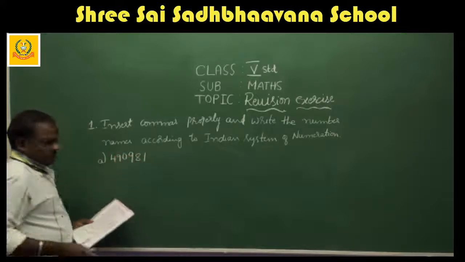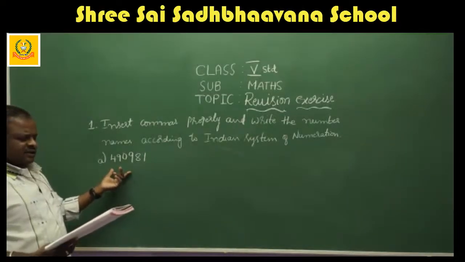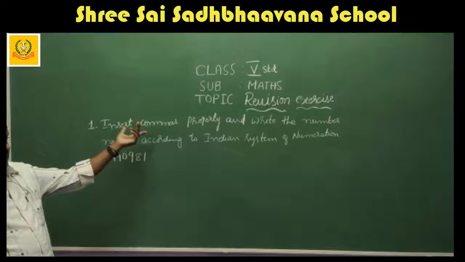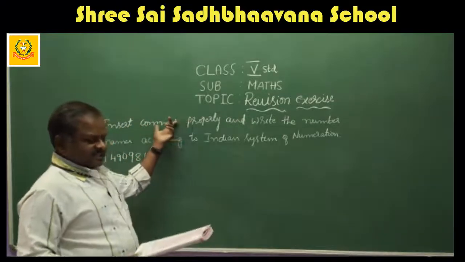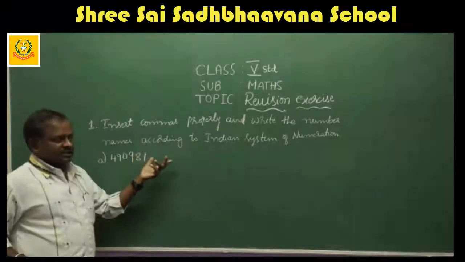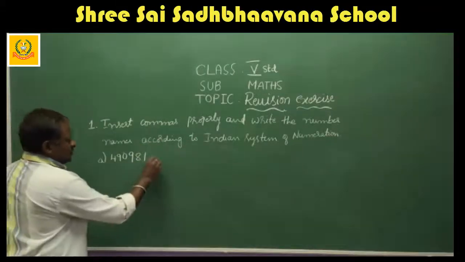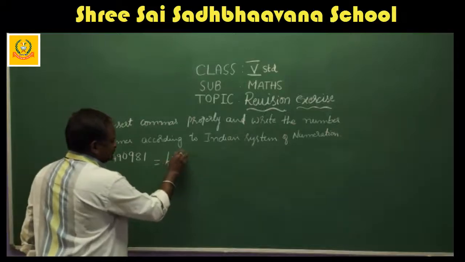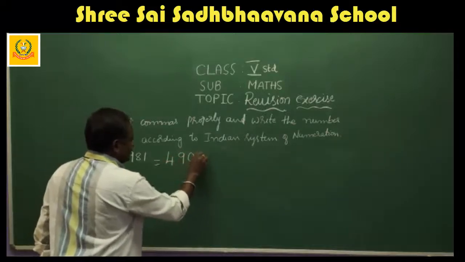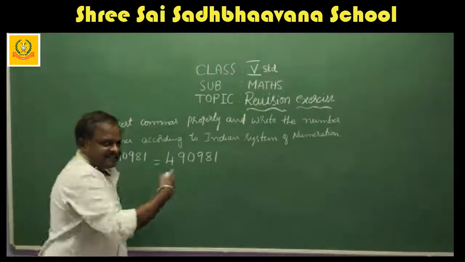490981. So what you have to do? Insert commas properly and write the number name according to the Indian system of numeration. So how will you insert the commas? 490981. You have to start counting from the right side.